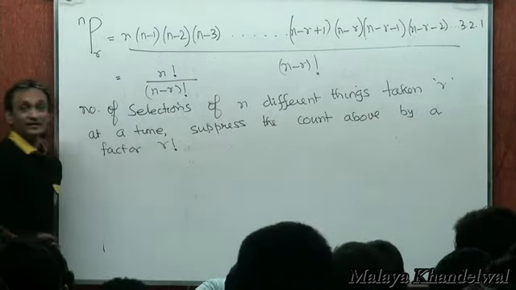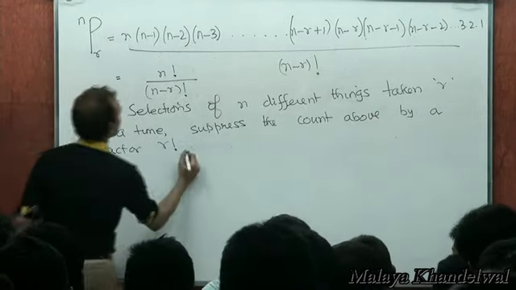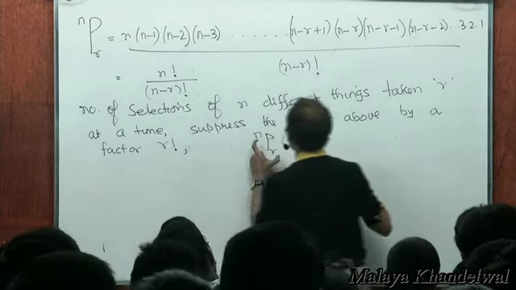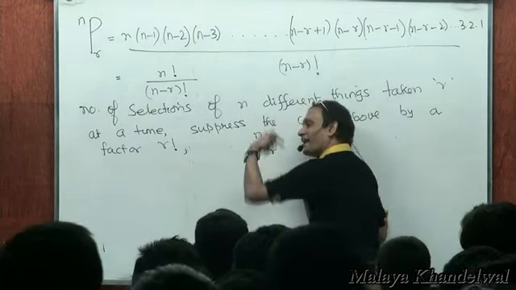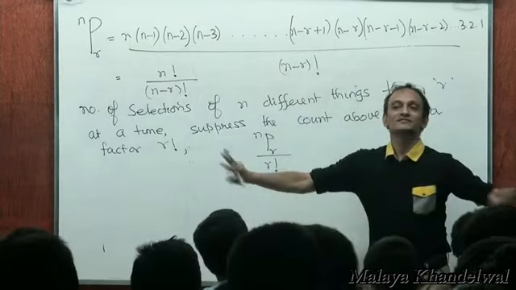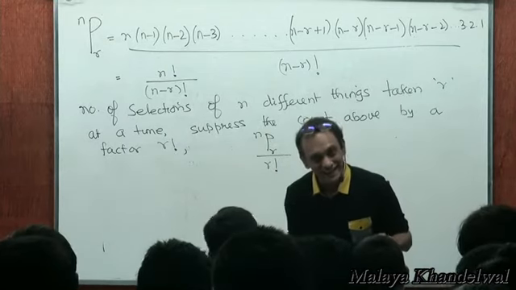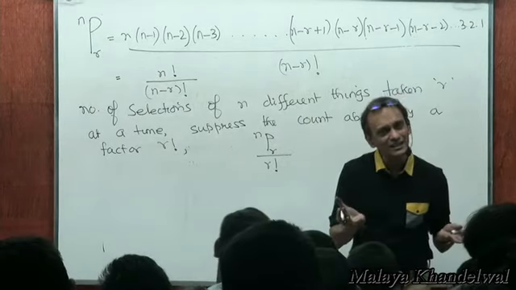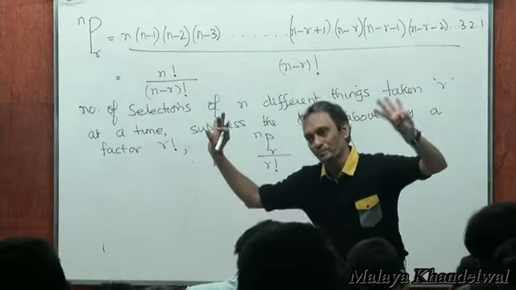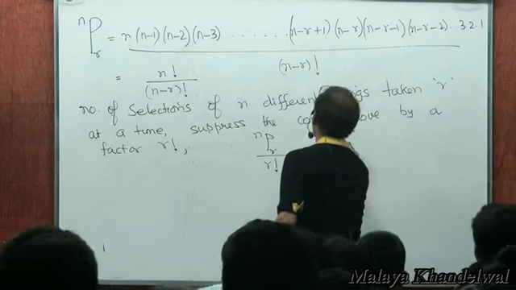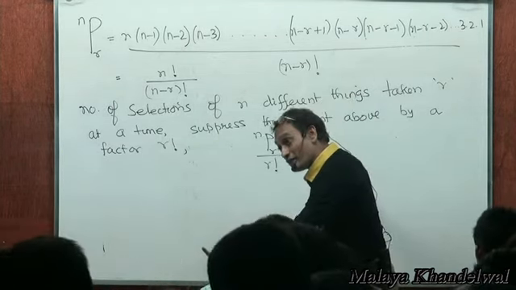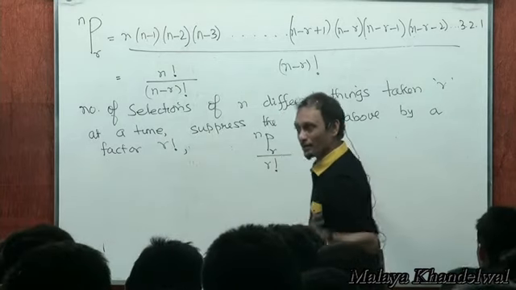Divide and conquer, right? So the required count would be the count that you have obtained, nPr, in which there is order. Divide that count by r factorial, then the order is removed. Then it's only a selection of r different things out of n different things available without repetition. So this is the number of ways in which r different things could be selected from n different things without repetition.